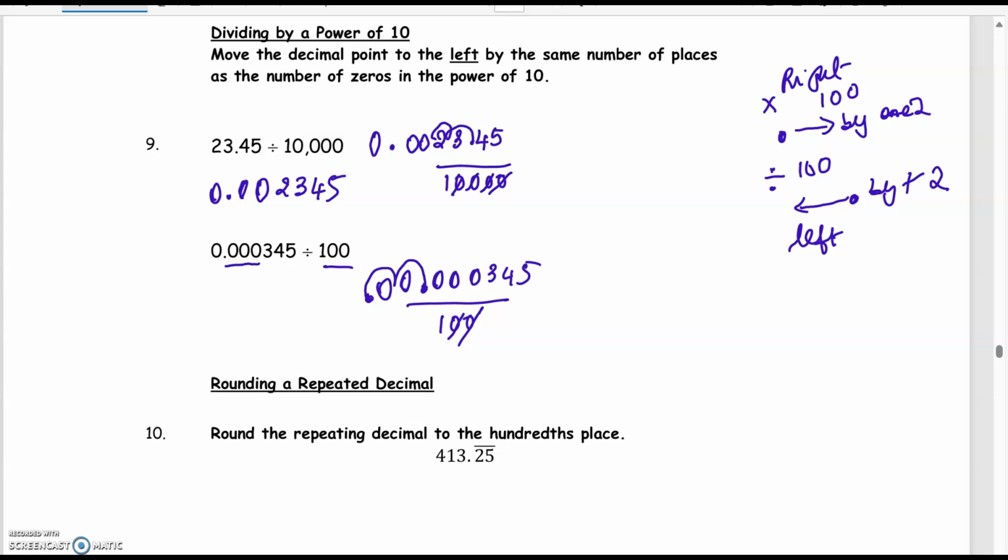We already had 3, and then going left added 1 and then 2 more zeros. So it is 0. It's a total of 5 zeros. 3 were existing and then we added 2. 1, 2, 3, 4, 5, and then 3, 4, 5. That's our final answer. So a total of 5 zeros.